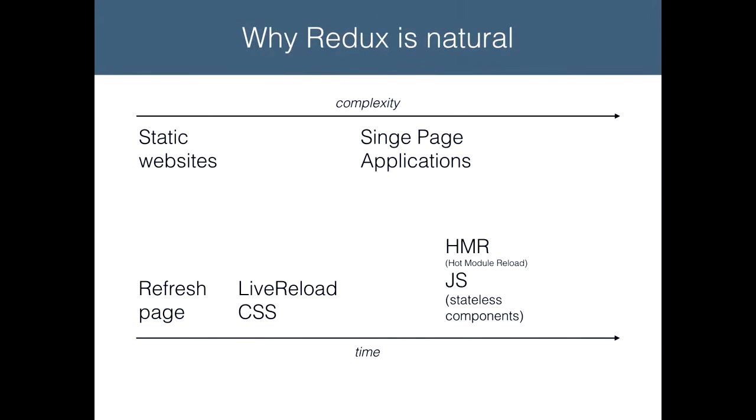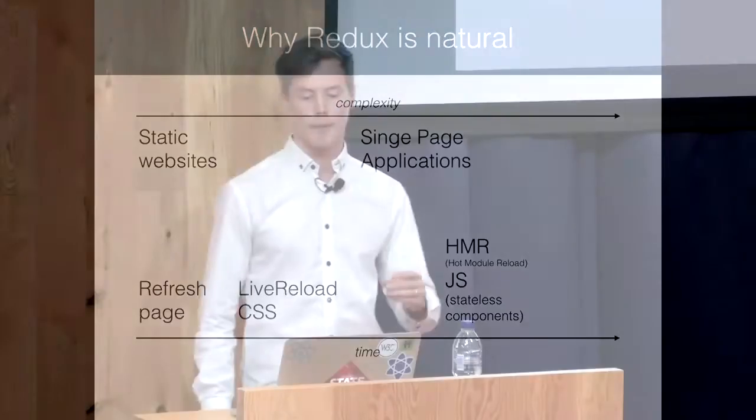And eventually, about a year or so ago, Dan Abramov introduced hot module reloading to get similar functionality for our JavaScript, because now we're often tweaking in JavaScript instead, and it's really frustrating to refresh the page every time you make a change. But as Dan said, when he introduced hot module reloading, a normal, say, React application only takes us so far, because you can only hot module reload stateless functions.